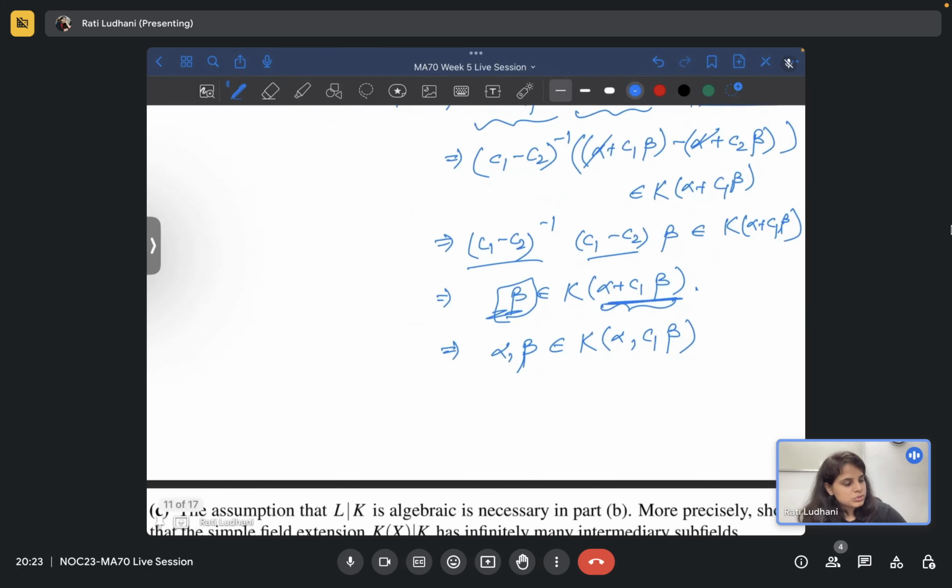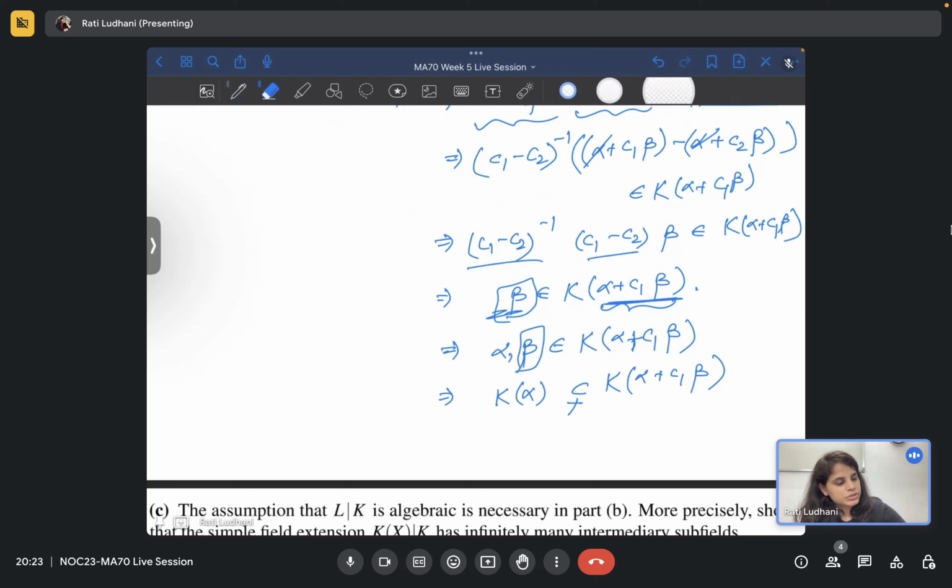So this implies K(alpha) is strictly contained in K(alpha plus c1 beta), because beta is there.